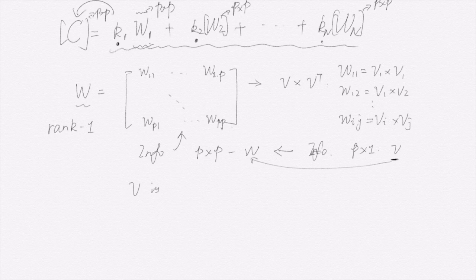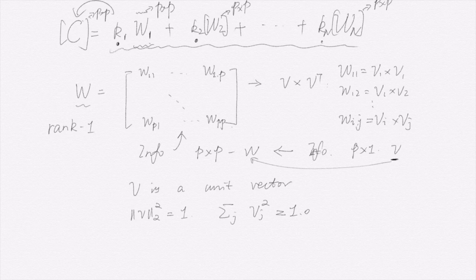V is a unit vector, which means the norm of V is 1. If we write it out, we take the square of the elements of V and take the summation, and that equals 1.